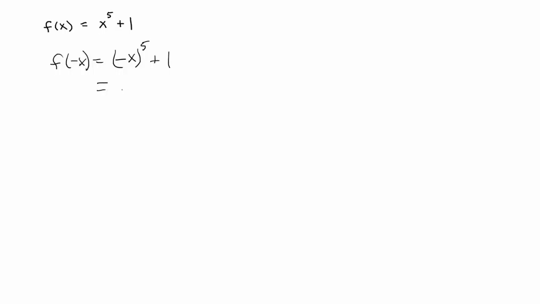Here, f of negative x did not equal f of x, and f of negative x did not equal negative f of x, because if we had negative f of x, this would be equal to negative x to the fifth minus 1. And here we have negative x to the fifth plus 1. So this function is neither even nor odd.